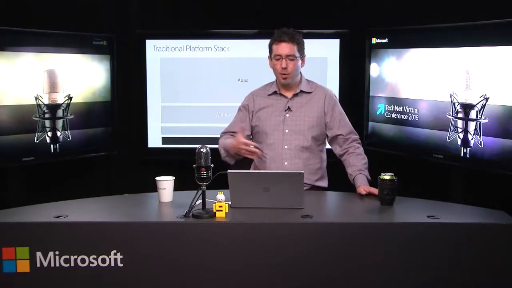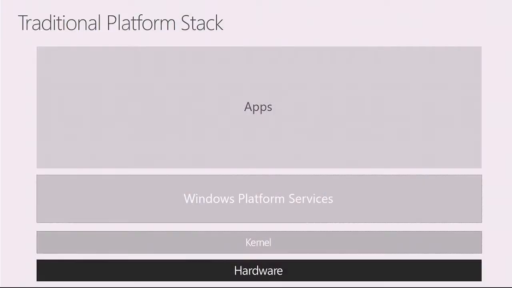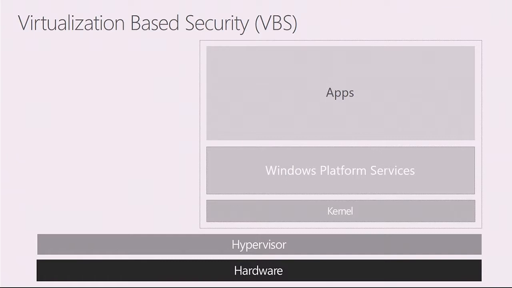If you think about the way that Windows has traditionally worked, you've got a stack that looks like this. You've got apps that are running as admin or as a standard user or somewhere in between, or maybe even an app running as system. If a hacker finds a vulnerability in that app, in IE or in Chrome or something like that, it's going to be pretty easy to take over that machine and have full control of it.